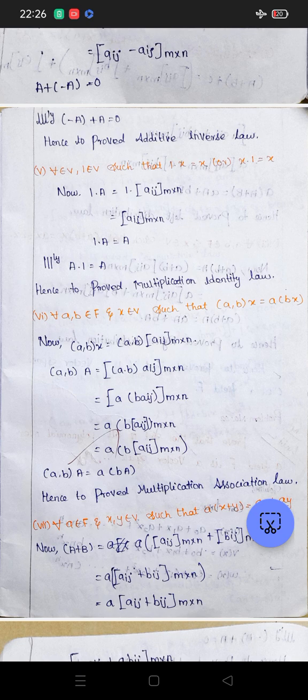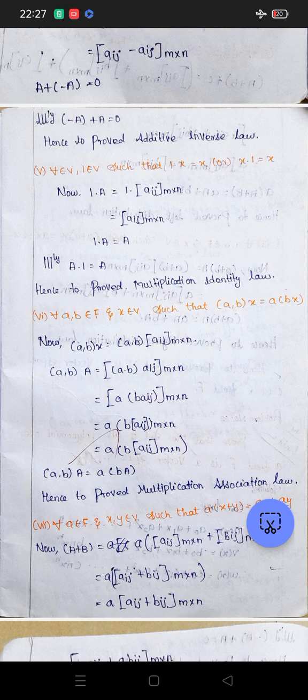The sixth property is, for all a, b belongs to F and x belongs to V, such that (ab) of x is equal to a of (bx). Now (ab) of x: ab is a scalar, x is a matrix. You can substitute aij of m cross n. You can multiply the scalars into the matrix. So ab of aij of m cross n.